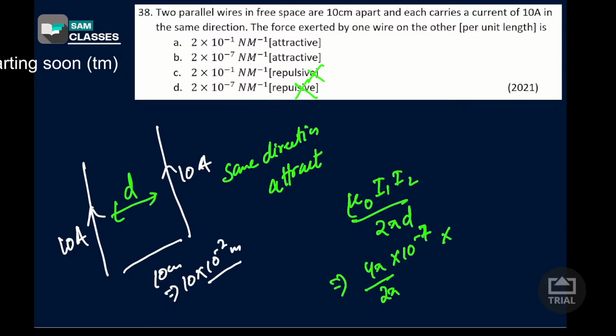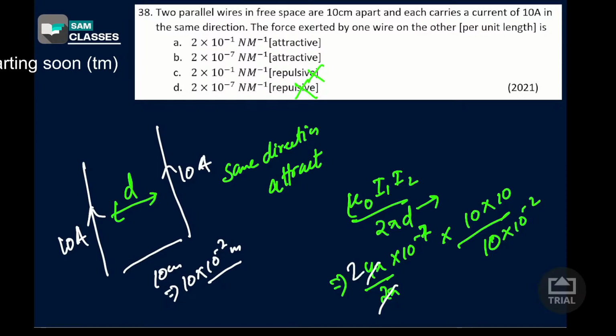Correct. Into current 10. Distance is what? It is in centimeter, so convert it into meter, 10 power minus 2. What should you get? Check it. I think the value is wrong or something. Let me check.